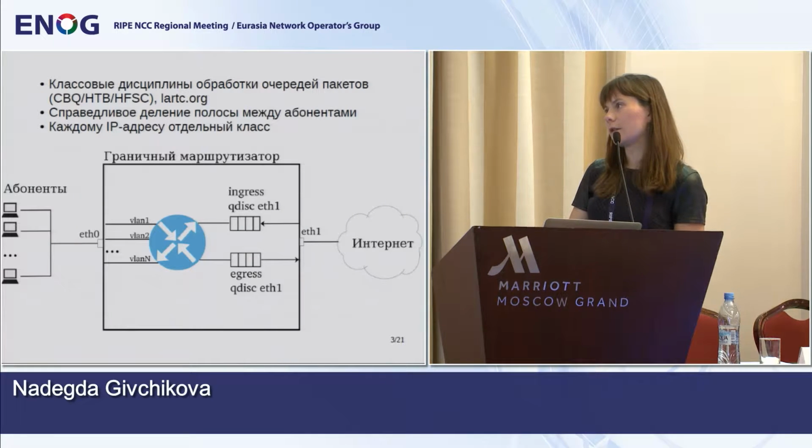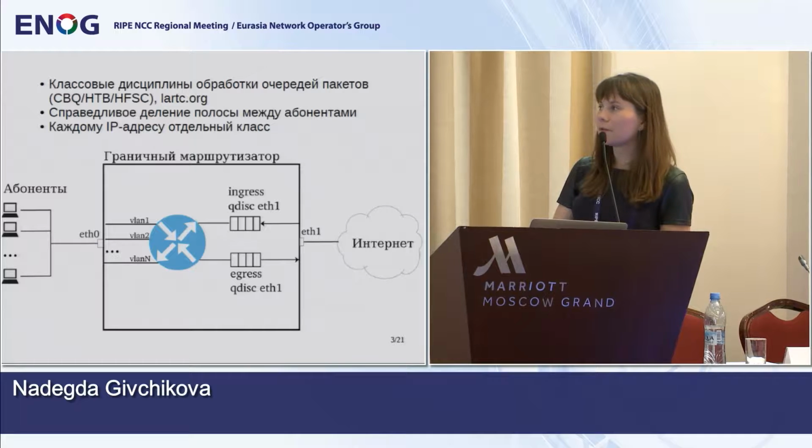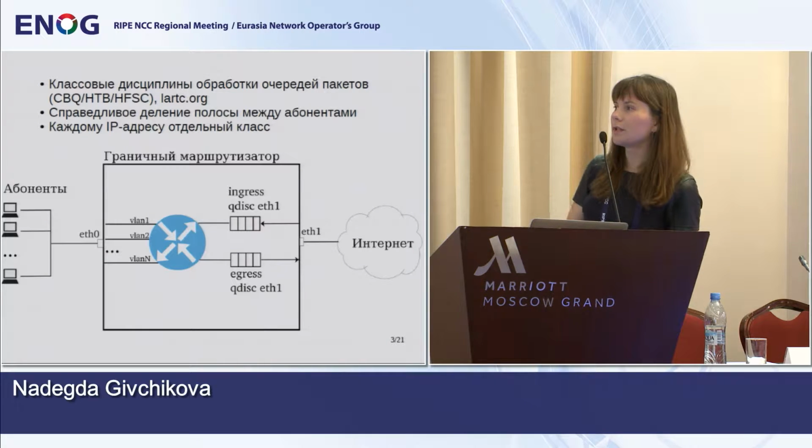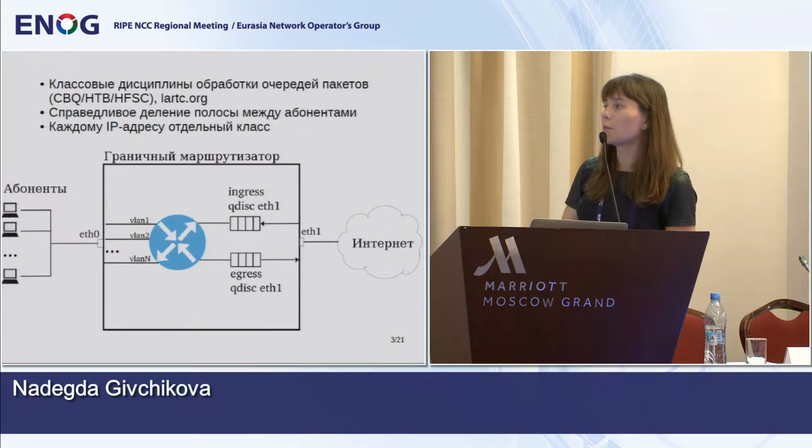We have a task. We have a router at the edge between our network and the outside world. At that point, we manage our traffic. We have subscribers. Each subscriber has its class, and the maximum speed is throttled.